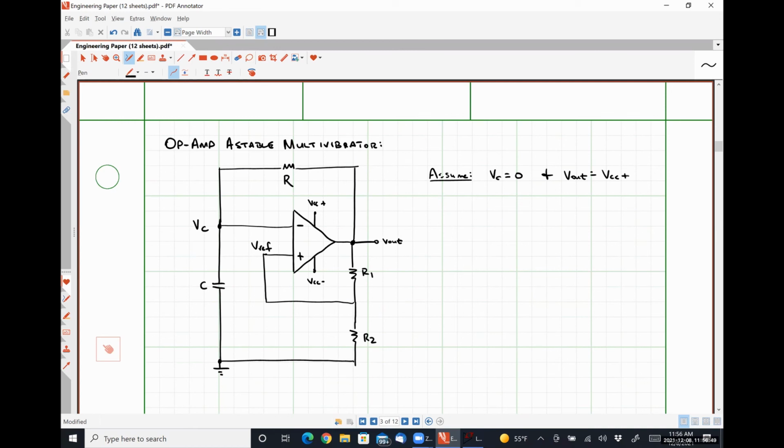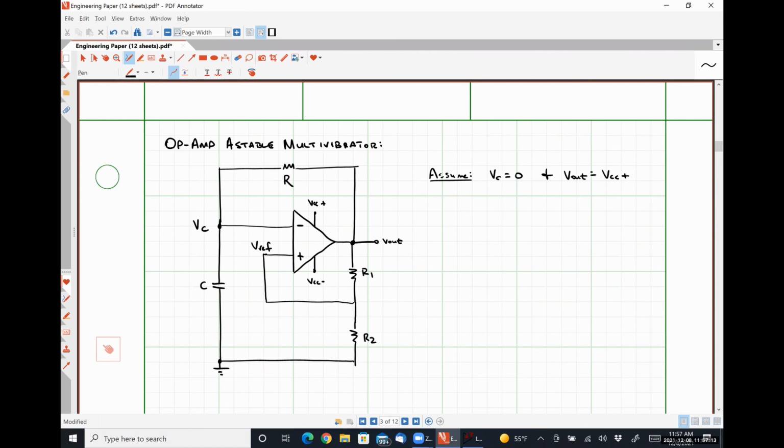This guy is set to some fraction of VCC plus. Now, when the capacitor charges enough, this is going to be at a higher potential than this node, and then it's going to start the other half cycle. And it's just going to cycle back and forth, charging and discharging, charging and discharging.